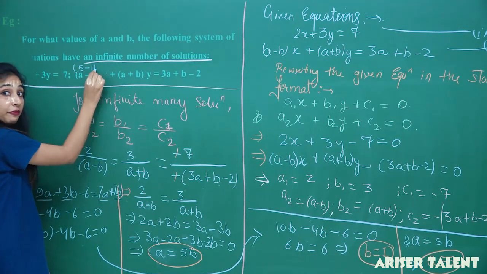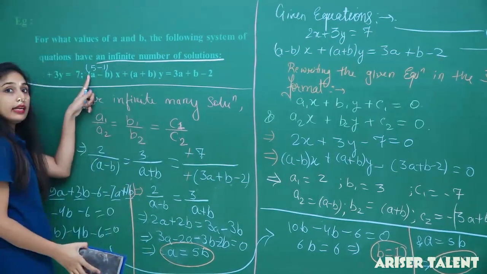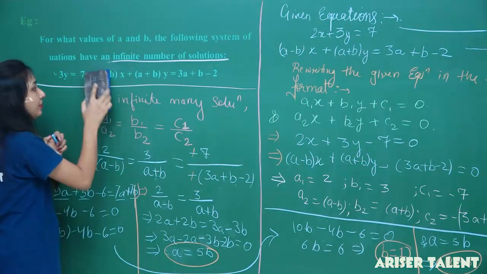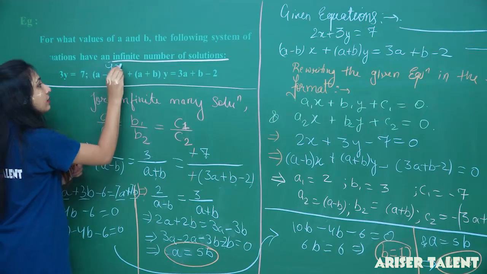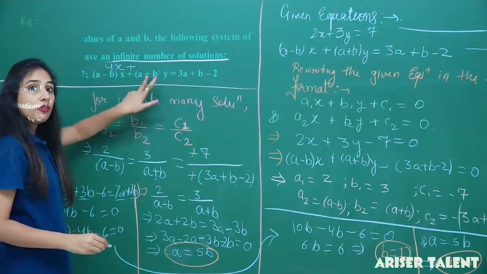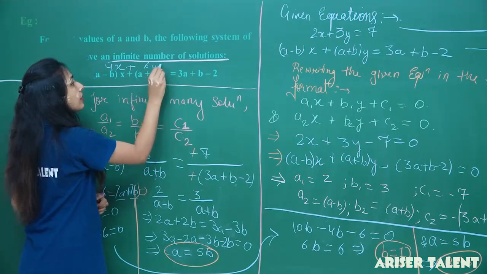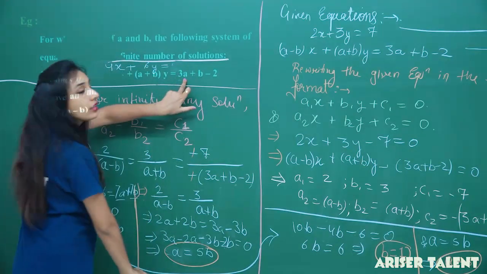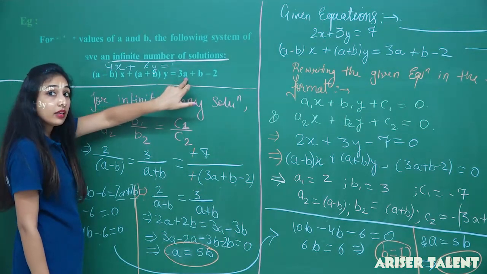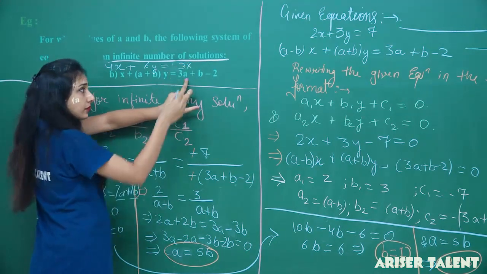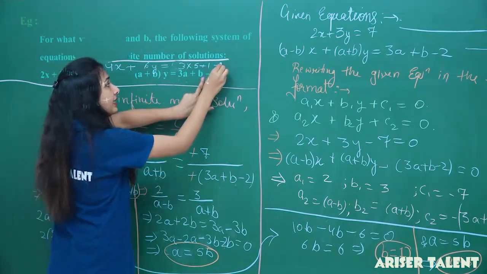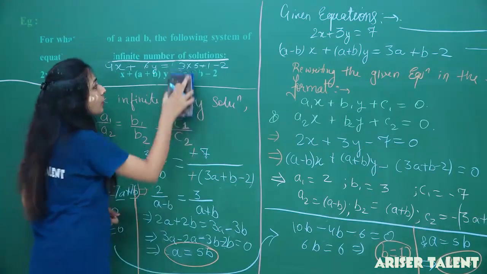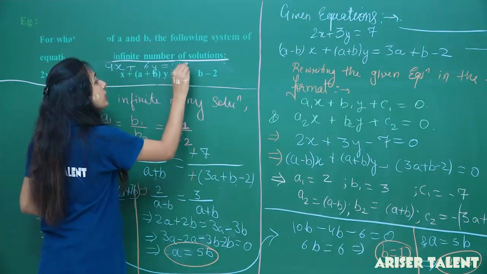So 5 minus 1 is 4. So here it will be 4x plus 5 plus 1, 6y, equals, not 0, but 3a plus b minus 2. Now 3 multiplied by 5 is 15, plus 1 is 16, 16 minus 2 is 14. Okay, 14.